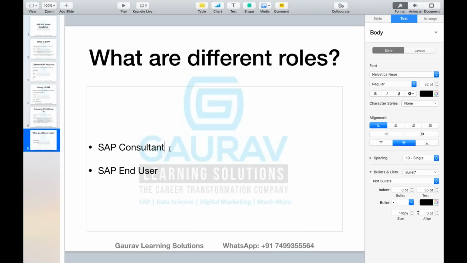Right? So as a SAP consultant, what are the different things you will be doing? You will be involved either in implementation projects or in support projects. These are the two very important projects that a SAP consultant will work on.